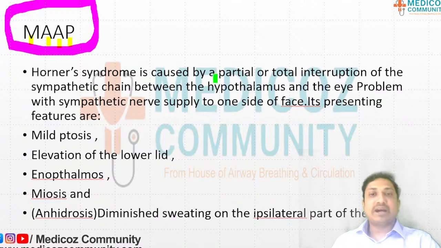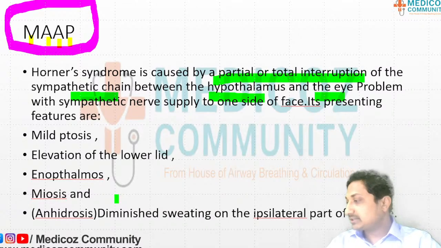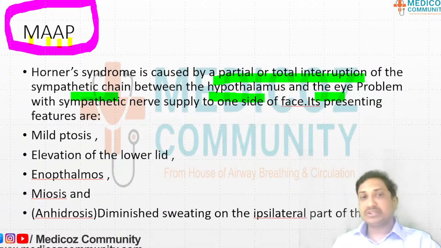Horner's syndrome is caused by partial or total interruption of the sympathetic chain between the hypothalamus and the eye. This is a 3-neuron pathway.